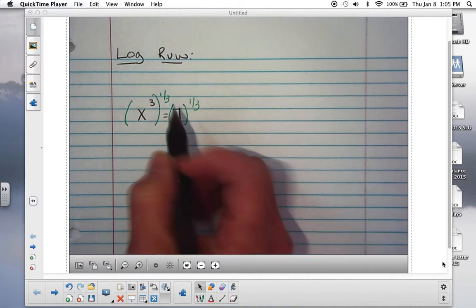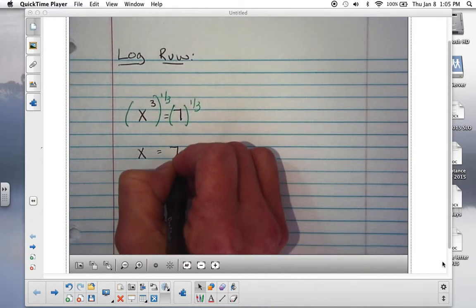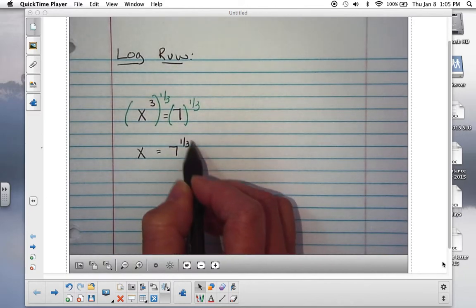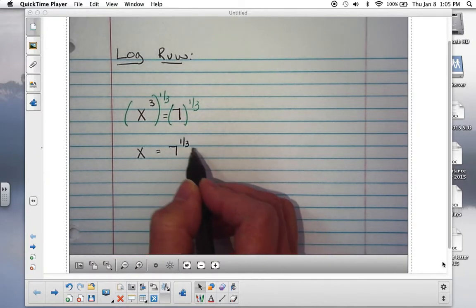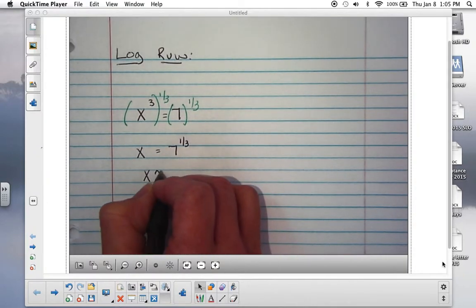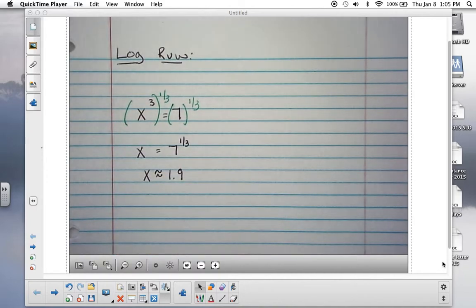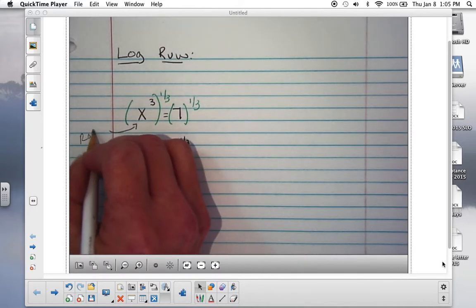On this side, it makes those drop out and just gives you an x. On this side, I'll get 7 to the 1/3, and then that can type right into your calculator. It is a cube root of 7, but you can also do 7 caret 1/3 equals, and it's going to give you an answer. So we'll go 1.9. This is when the x is low. When x is low, raised to the reciprocal.